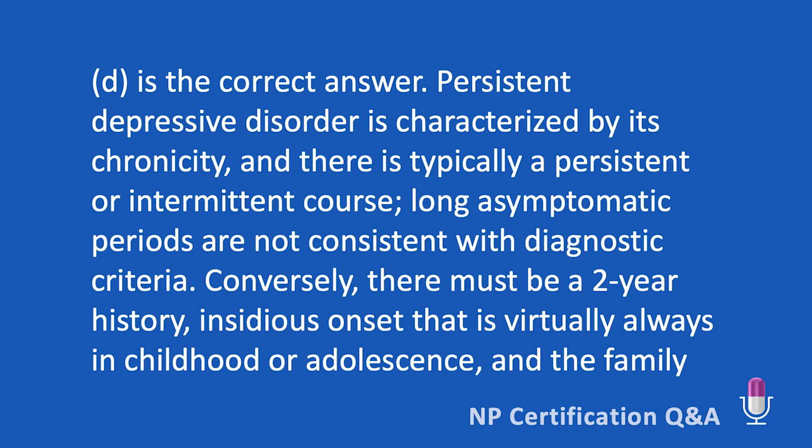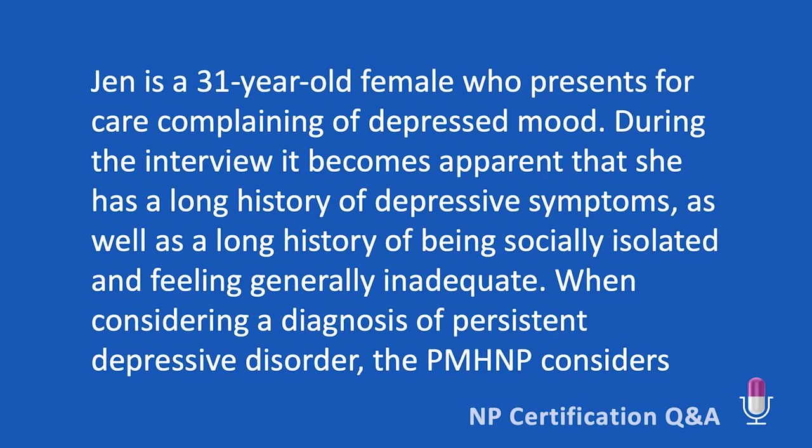It's not at all unusual to have adults come in for care, and as they describe their symptoms to us and we probe into their history a bit, we find that they have been having symptoms for years and years and years. So the fact that she's 31 doesn't mean that this didn't start in childhood or adolescence. In fact, if it is persistent depressive disorder, then it probably did start in childhood or adolescence. This just might be the first time you're hearing about it.